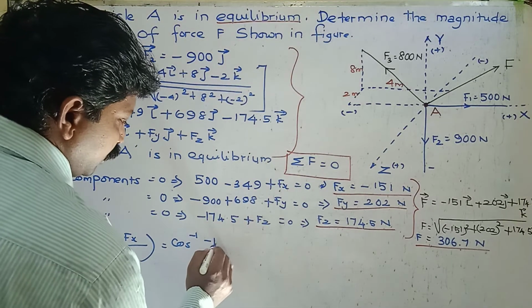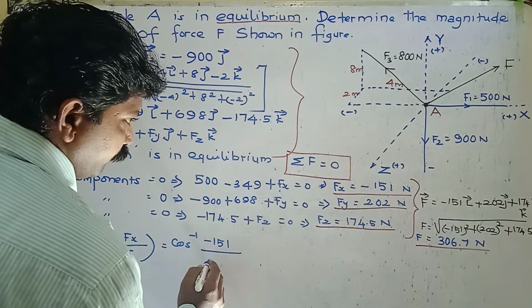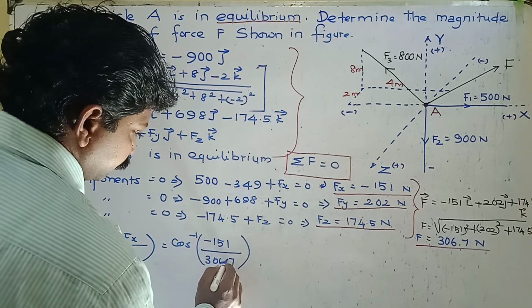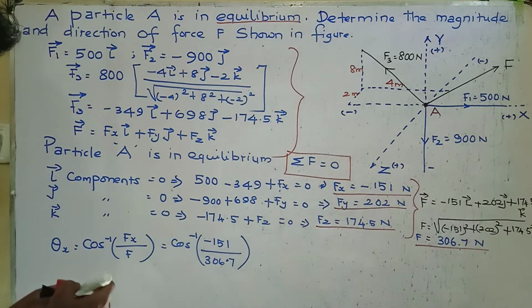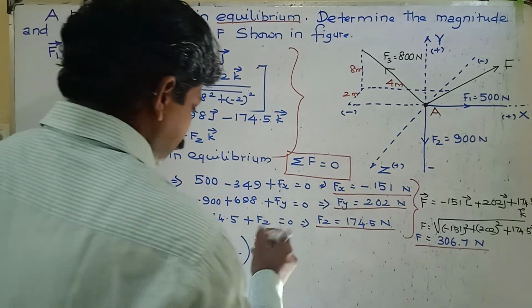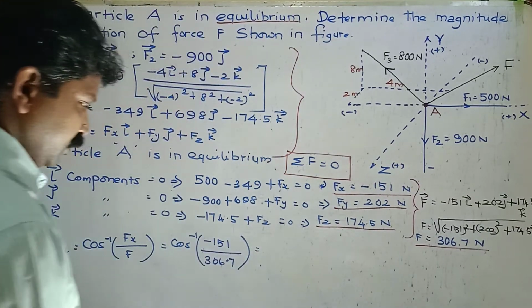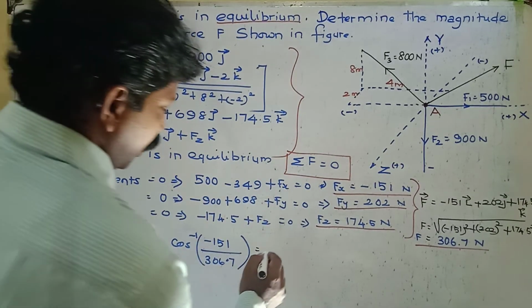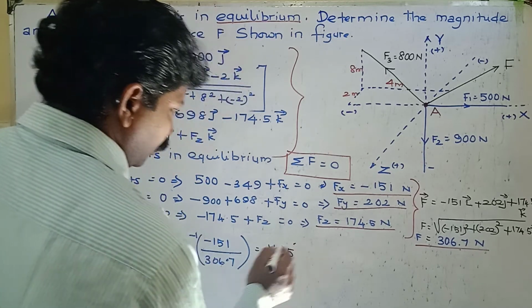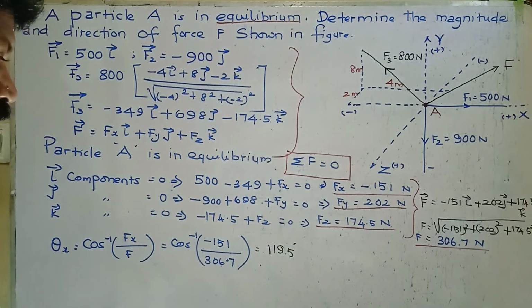Minus 151 divided by the F value 306.7. From that value, theta x equals 119.5 degree.